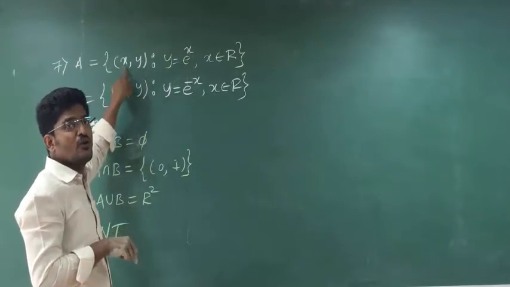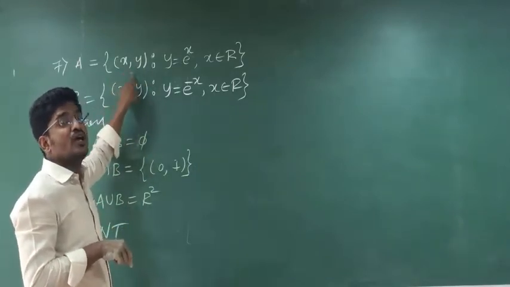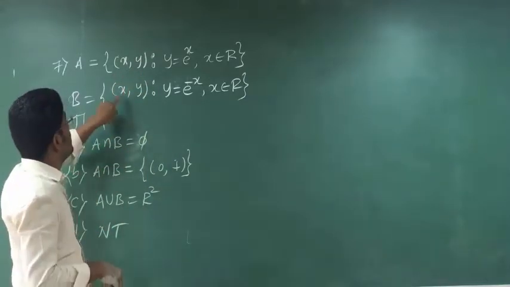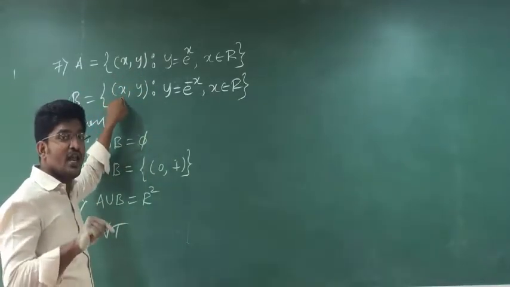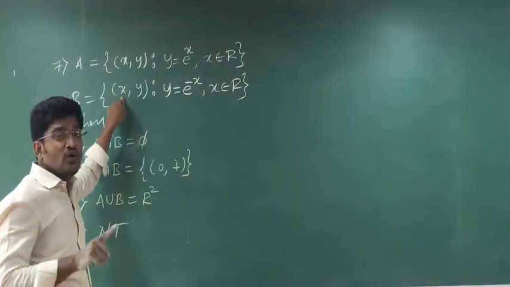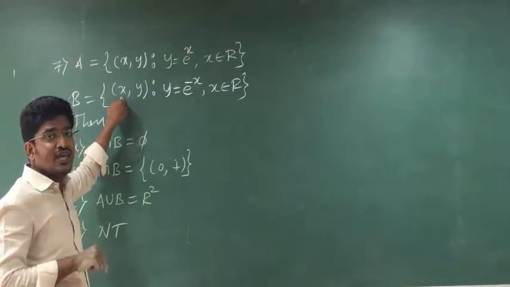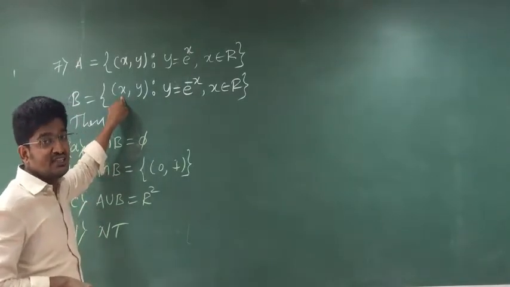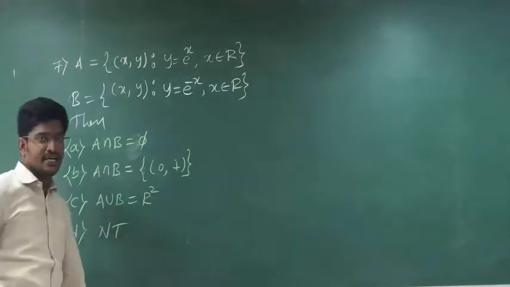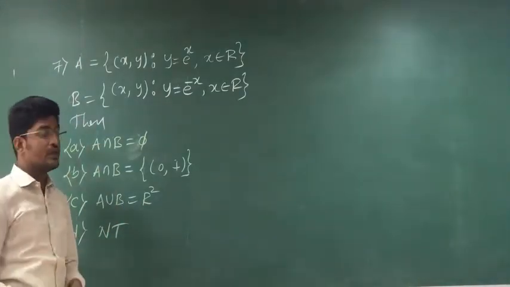Clear? This is 1 comma e, 2 comma e square, 3 comma e cube, like that. Clear? Here 1 comma e power minus 1, 2 comma e power minus 2, 3 comma e power minus 3, like that. Okay. So that type of things are collected in A and B.